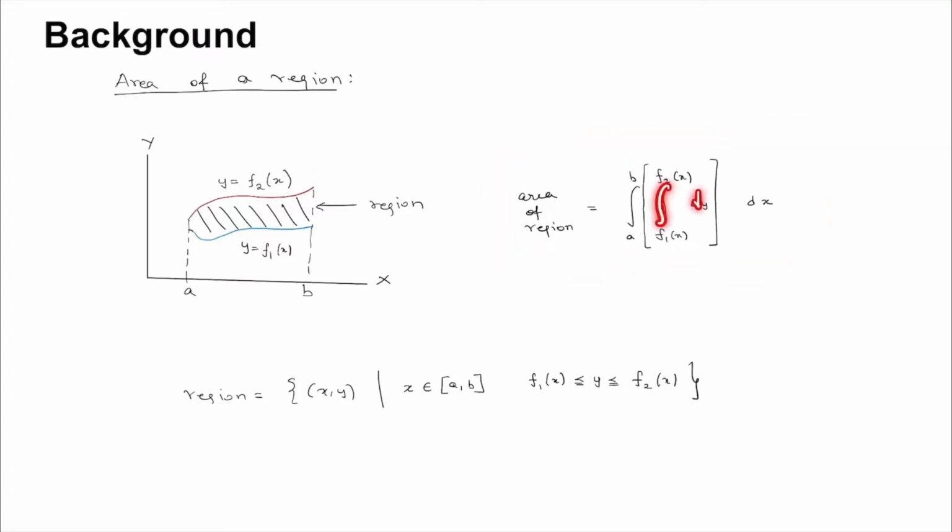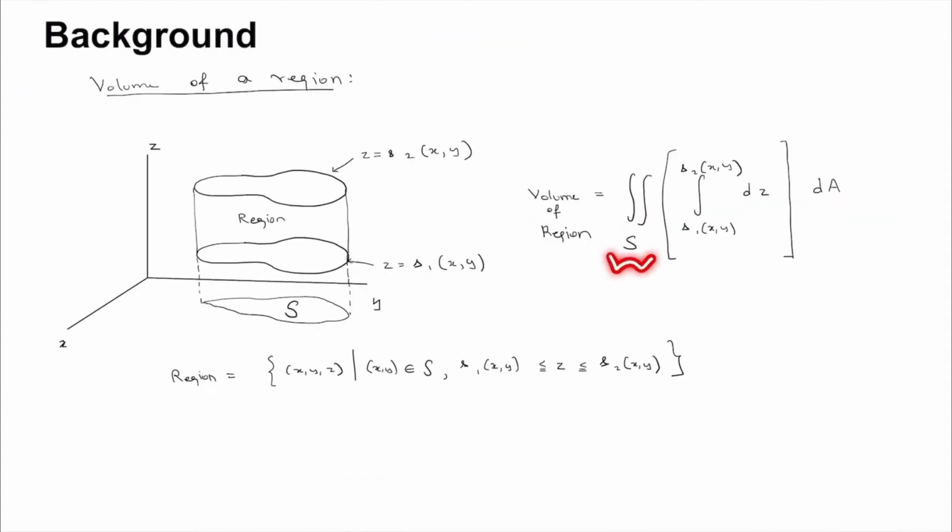The inner integral, because I've given it as y equal to f of x, will be in terms of dy with the two functions as the limits, and a and b are the outer integral limits. So this tells us how to perform the outer integration, and this is just a simple Riemann integral.